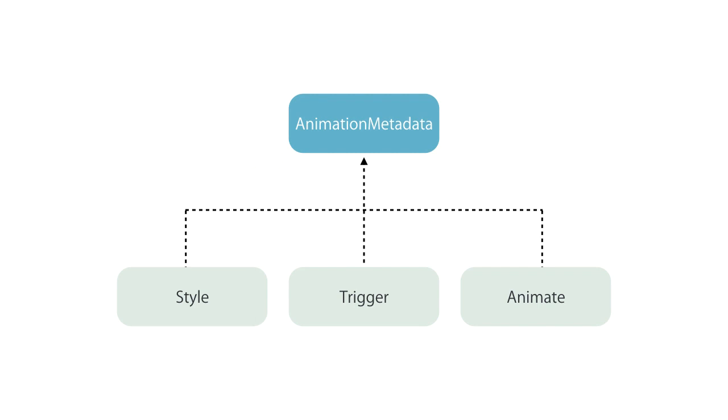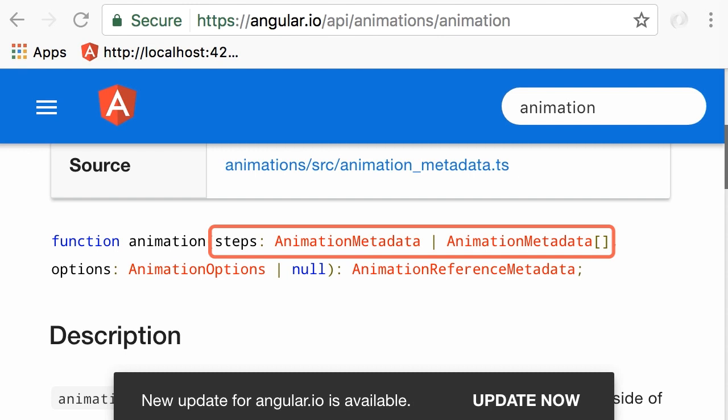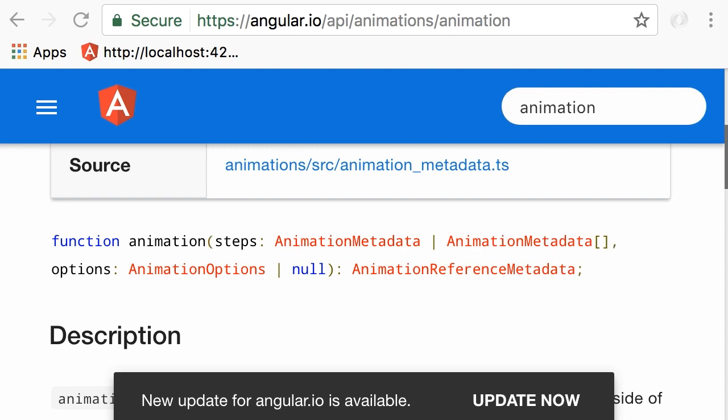So in principle, if a function takes an animation metadata, it should be able to get any of its derivatives. But in this case, you cannot pass certain types to the animation function. You will get a runtime error. And this is an example of a bad hierarchy design. We don't want to get into more details about that.